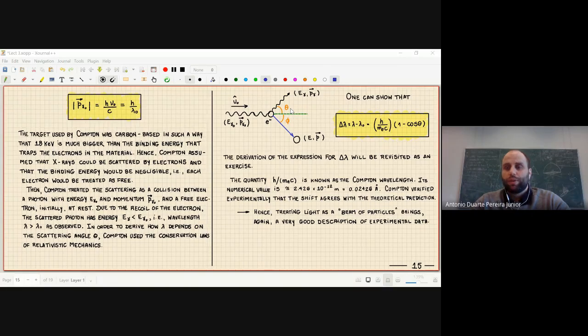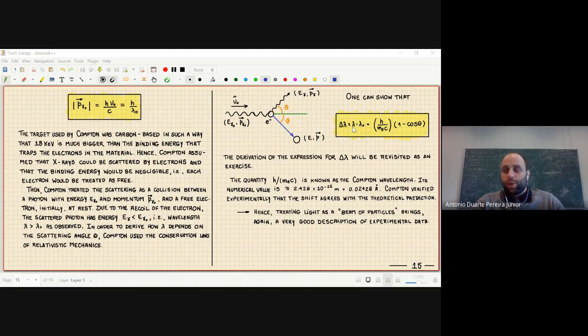If you apply the conservation laws in relativity of energy and momentum, so in classical mechanics, we know that energy and momentum are conserved quantities under some assumptions. In relativity, this also happens. So in this collision you apply the conservation laws, and you can derive an expression for delta lambda, namely for the Compton shift.